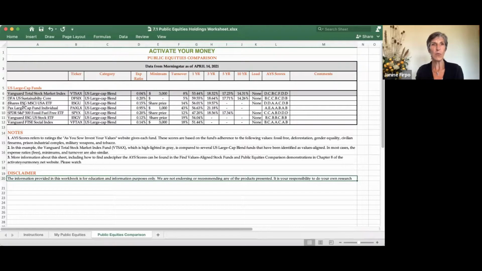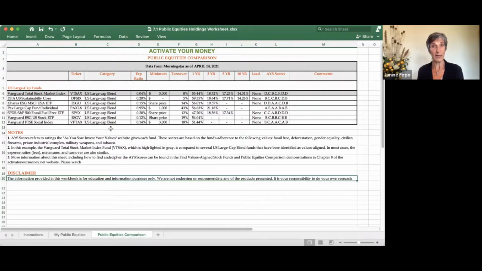But what I did was I literally went through the same kind of process that I described in the last video, where you would use As You Sow to identify other types of holdings that were very similar to the Vanguard Total Stock Market Index. And what I was looking for were US large cap blends. So I wanted everything that I was looking at to be the same kind of fund. These all basically use the Russell 1000 as their benchmark.